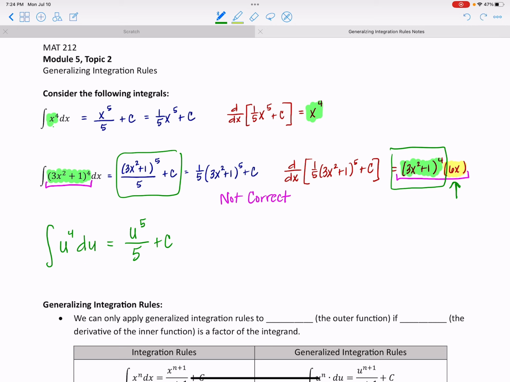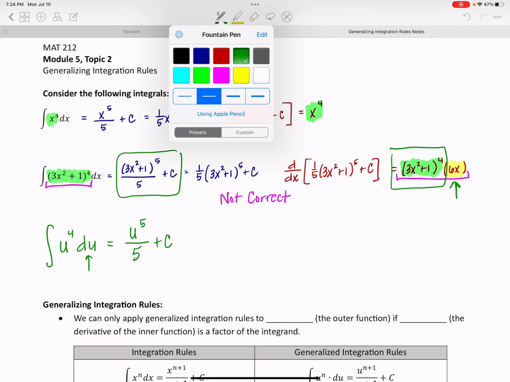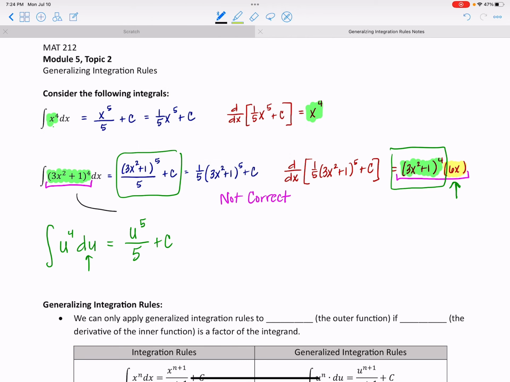So if I wanted to apply this to this problem, to be able to integrate this problem, what I need is the integral of (3x squared plus 1) to the fourth power multiplied by the derivative of the inner function, which is 6x. Remember, this whole thing has to be there, dx.